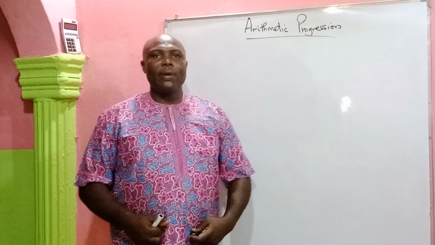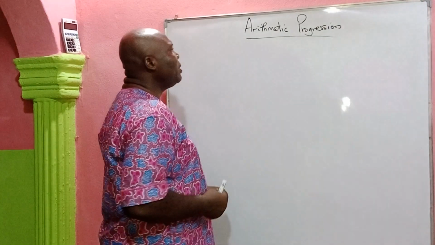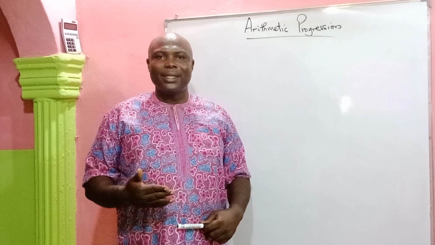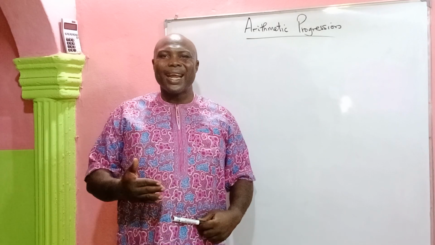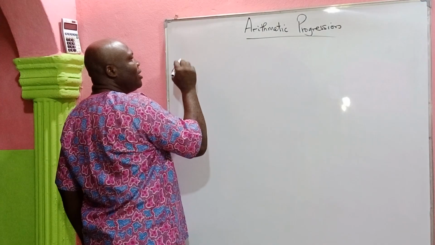And so today, arithmetic progression will begin with the introductory part. First and foremost, an AP series is a series of numbers that increases or decreases progressively with a common difference.